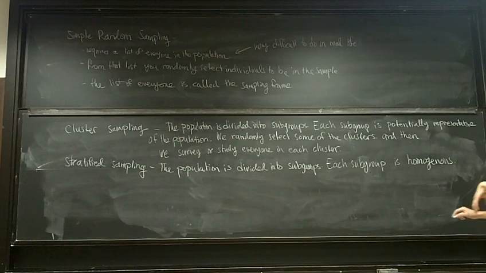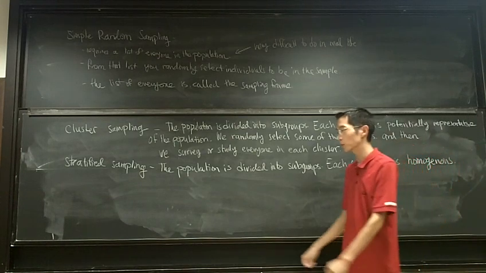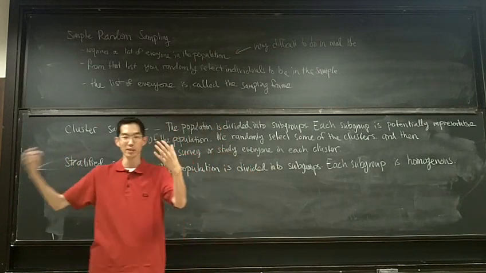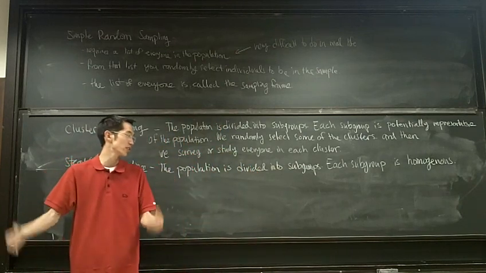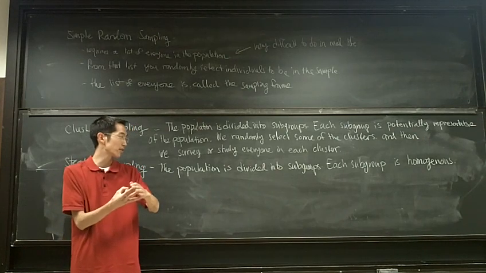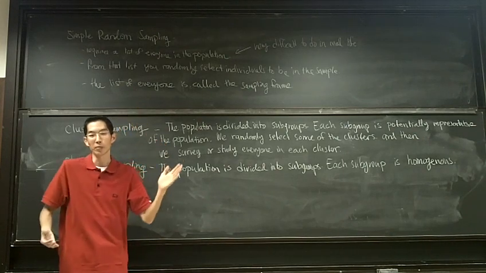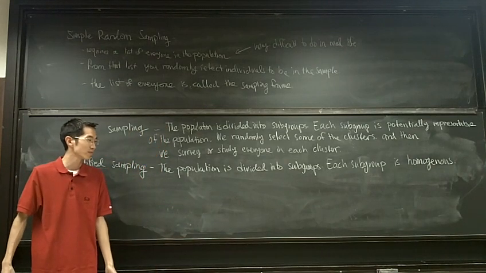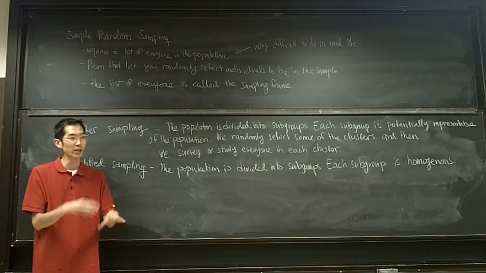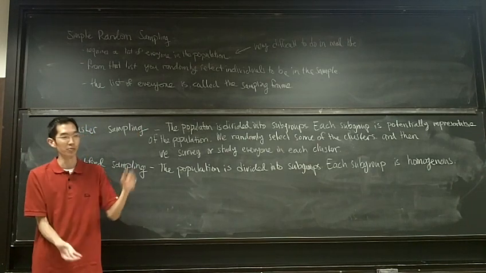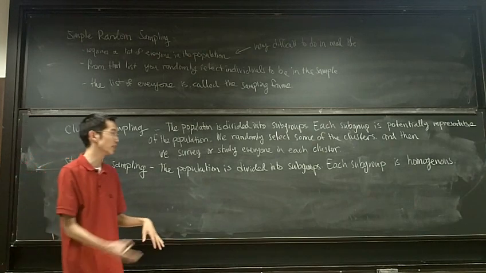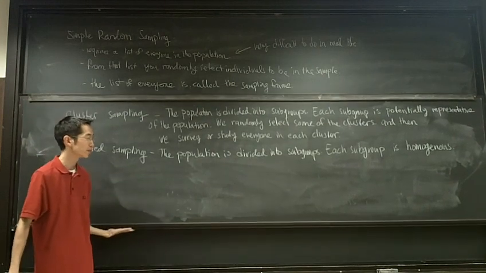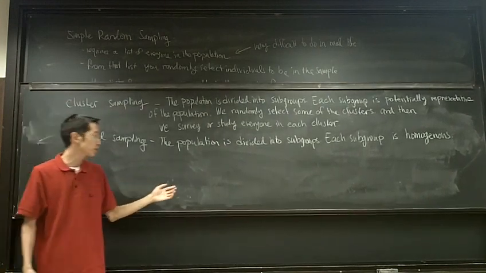So for example, we could divide the population into two subgroups, all the men and all the women. Each subgroup is homogeneous in the sense that they all share the same gender. Or the population could be divided by ethnicity, or by any other trait that makes it homogeneous. Age group, under 20, 20 to 30, or whatever, up to 69 or whatever. Those could be your subgroups.